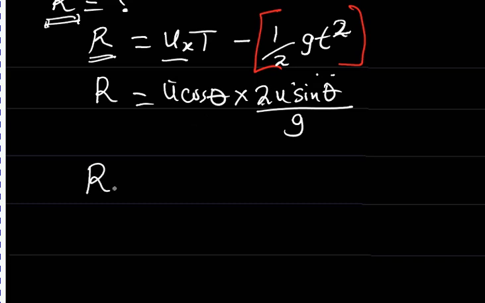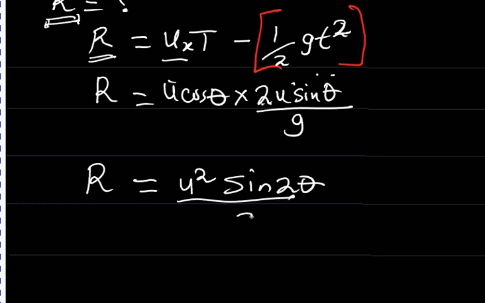So that simply means that the expression for range is going to be u square multiplied by 2 sine theta cos theta, which is sine 2 theta, all over g. So this is the final expression for the range of a projectile.